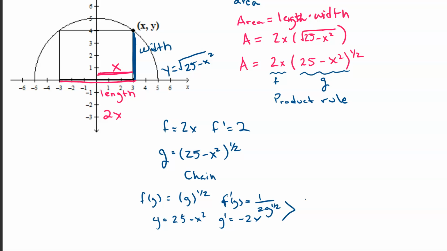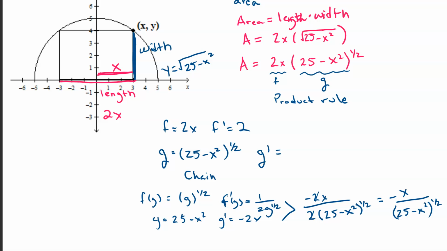So I've got negative 2x over 2 times g, and g we know was our inside, 25 minus x squared, to the 1/2. The 2's cancel, so I've got negative x over 25 minus x squared to the 1/2. Pretty gross, right? So our derivative here, once we've used the chain rule, is that.